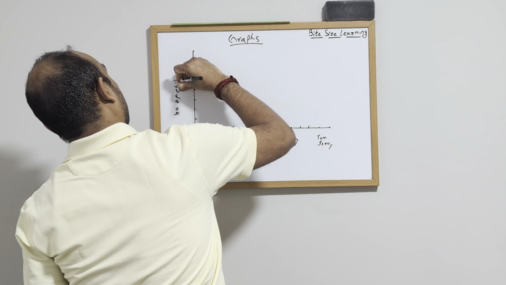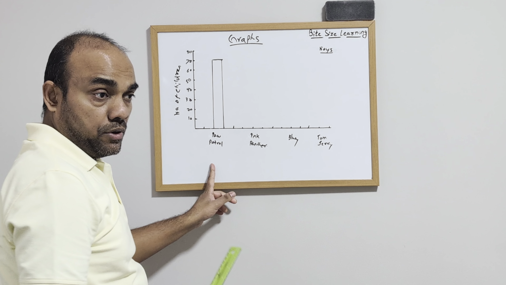And then we are seeing how many of the children are watching one of these cartoon shows, Paw Patrol, Pink Panther, Bluey, or Tom and Jerry. So let's take the example of boys first. Let's assume that around 70 boys watch Paw Patrol.